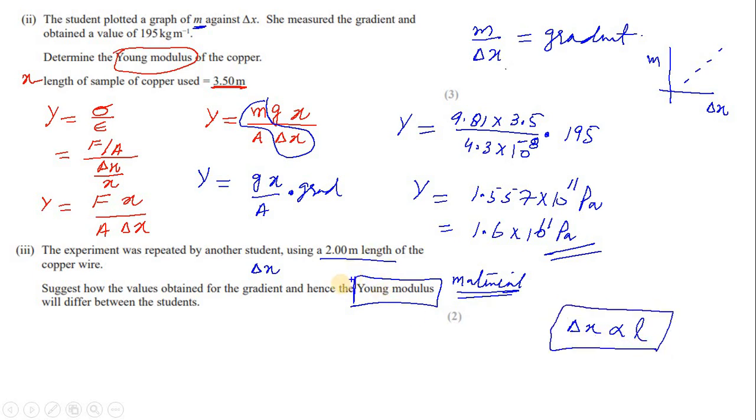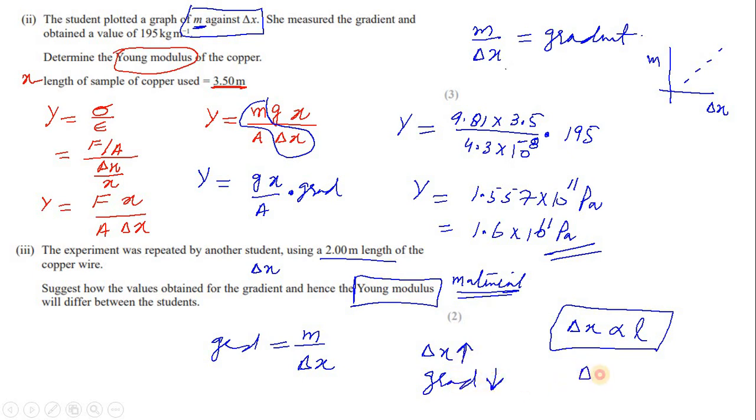So you know that if Δx is increased, because here the gradient is m upon Δx, so if Δx is increased, if the extension is increased, then the gradient will decrease, or vice versa.